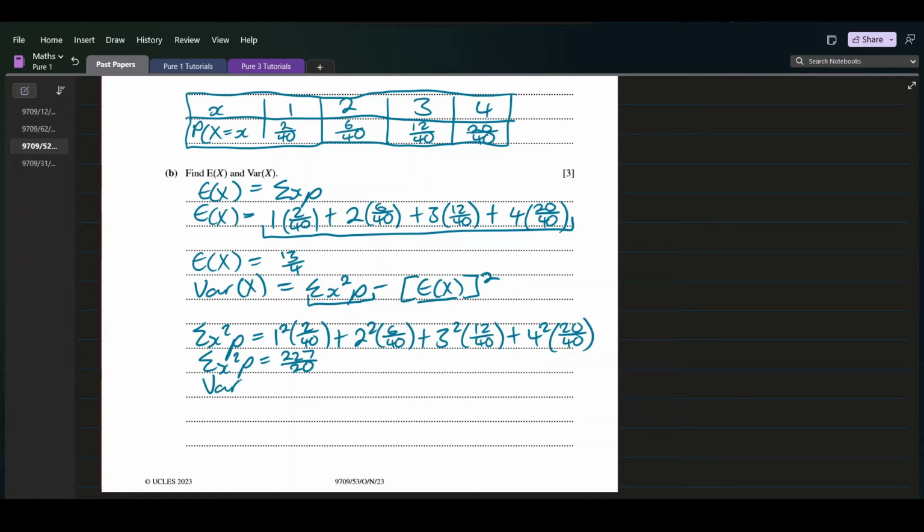Let's substitute into the formula for Var of X. That becomes 227 over 20 minus the expectation squared, that's 13 over 4 squared. Punching this into a calculator, 227 over 20 minus 13 over 4 squared gives us 63 over 80, and this would be our final answer.